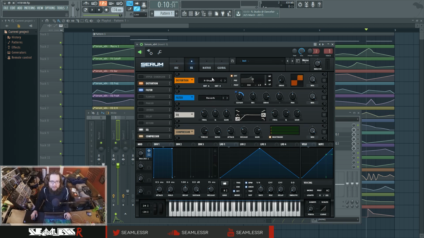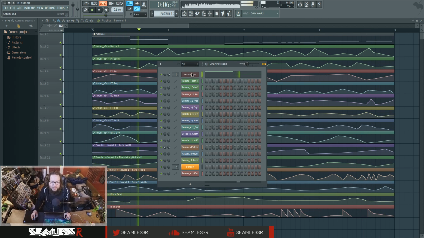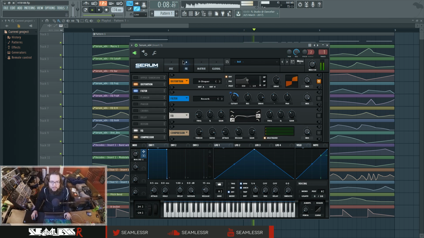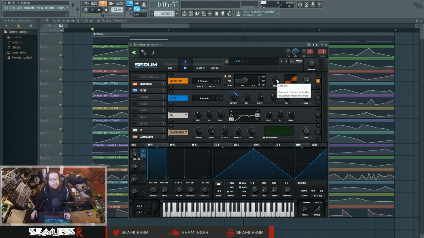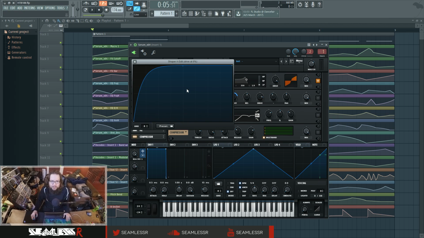All right, now the effects section begins with a distortion unit. So I'm automating the drive knob, and I have it on X-Shaper mode. This is the mode where it turns the distortion unit inside Serum to basically behave exactly like the wave shaper inside FL, or really any other wave shaper, because I guess that's just how they work.